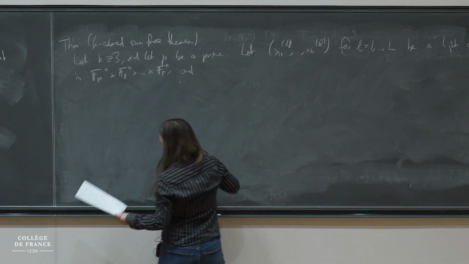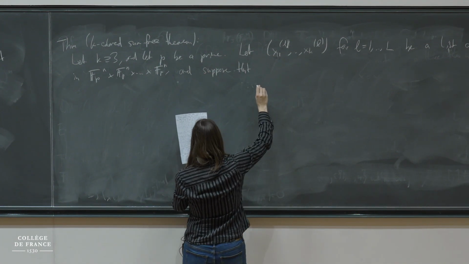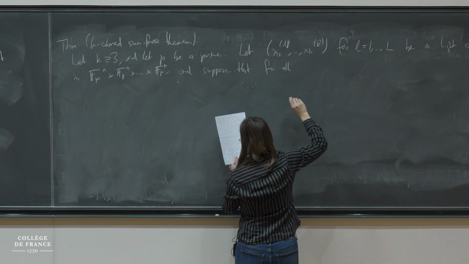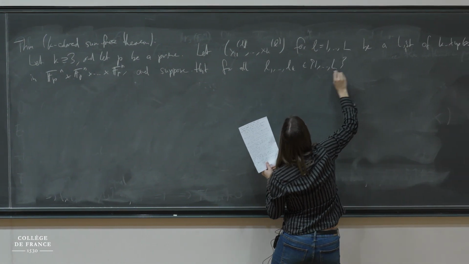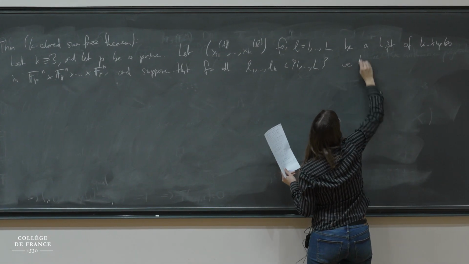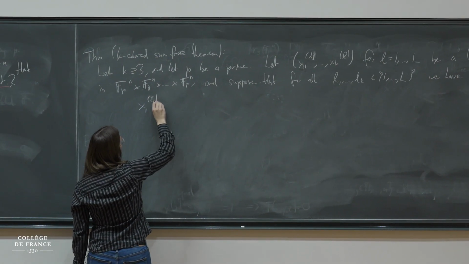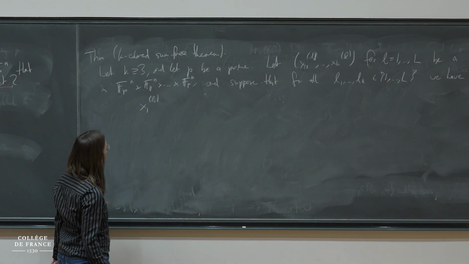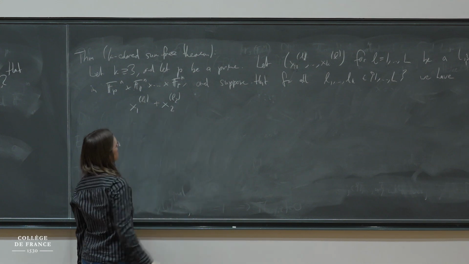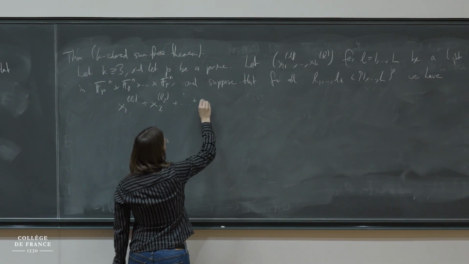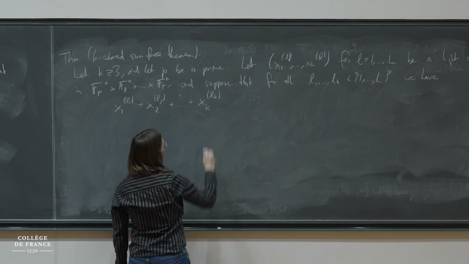Okay, and so now comes an assumption for those. So suppose that for all L_1 to L_k in 1 to capital L, so for any indices L_1 to L_k, we have the following condition, namely that x_1^{L_1}, so that means for the tuple with index L_1, we take the first vector, and then we take the tuple with index L_2 and in it the second vector, plus and so on, plus then the L_k-th tuple and in that the k-th vector.